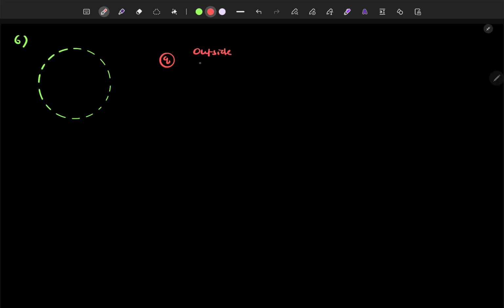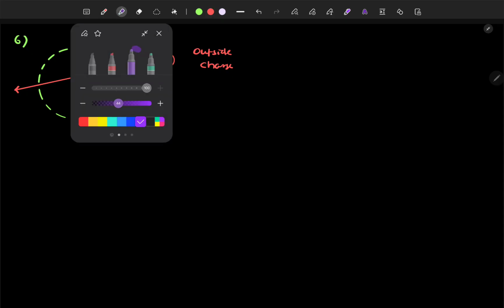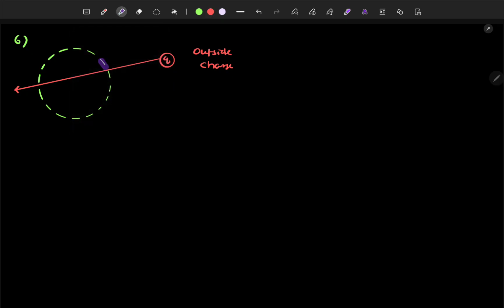These are the electric field lines. So for an outside charge, flux is how much? 0, because flux goes in through the surface and flux goes out. Inward flux is equal to outward flux in magnitude, but inward flux is negative and outward flux is positive. So net flux will be 0.